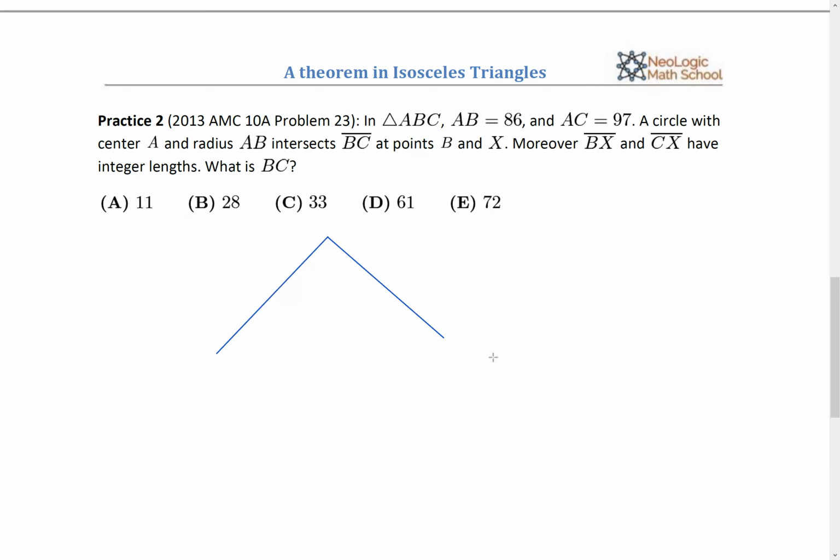AC equals a little bit longer, 97. There's a circle with center A. The radius is AB, so the circle goes like maybe like this, passing through B, right? Something like this.